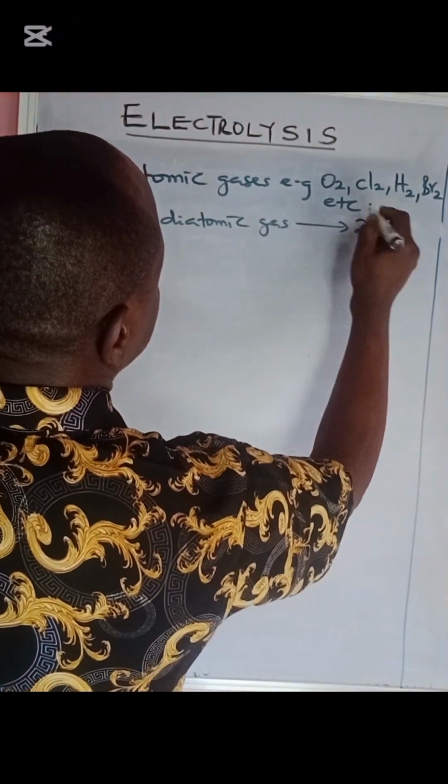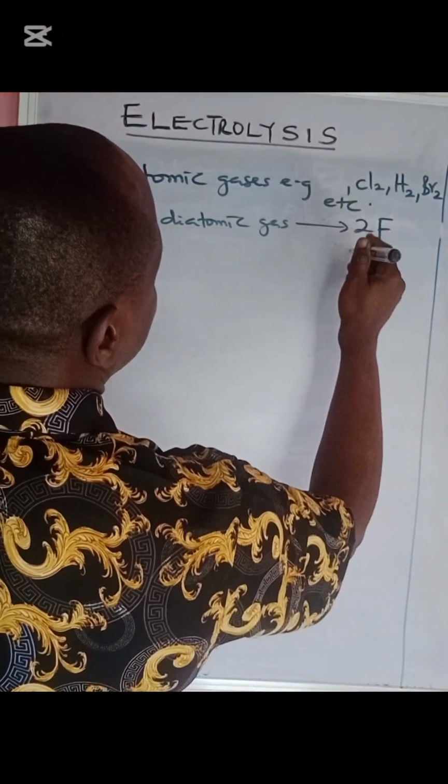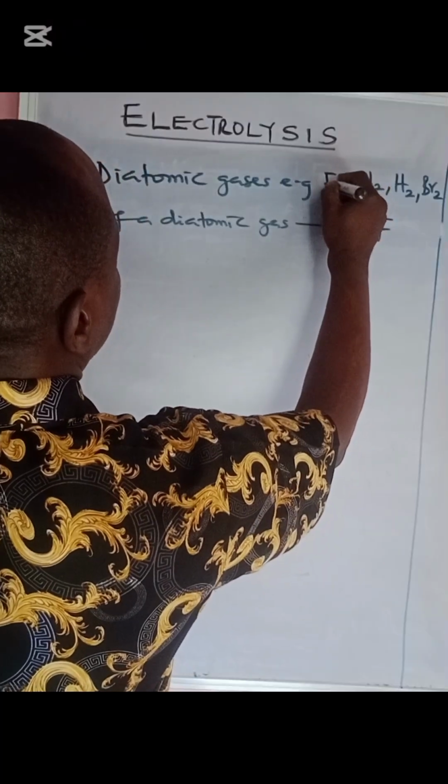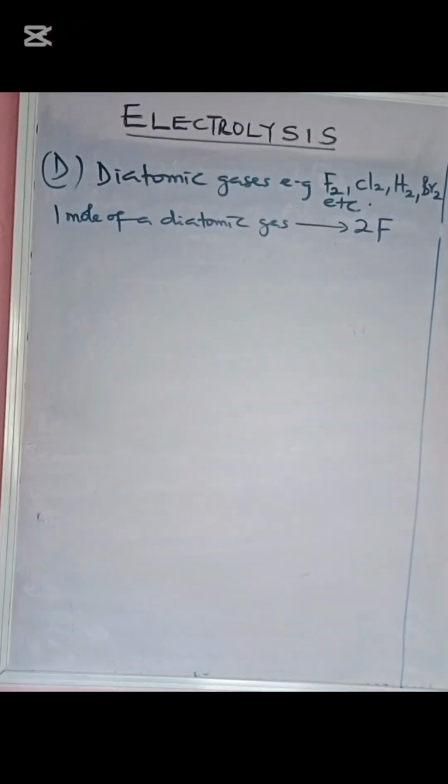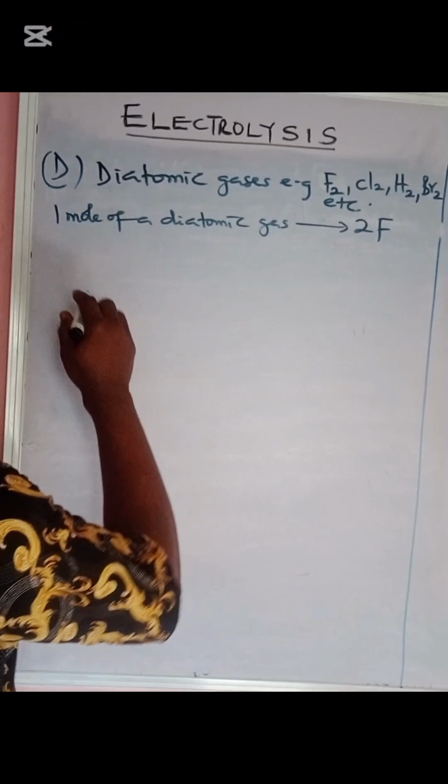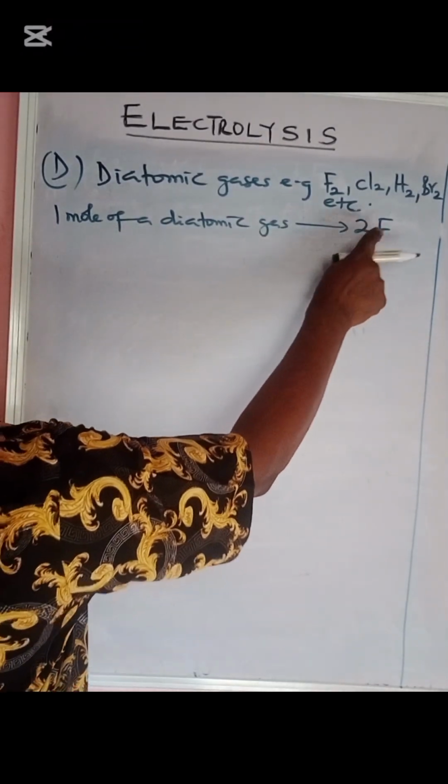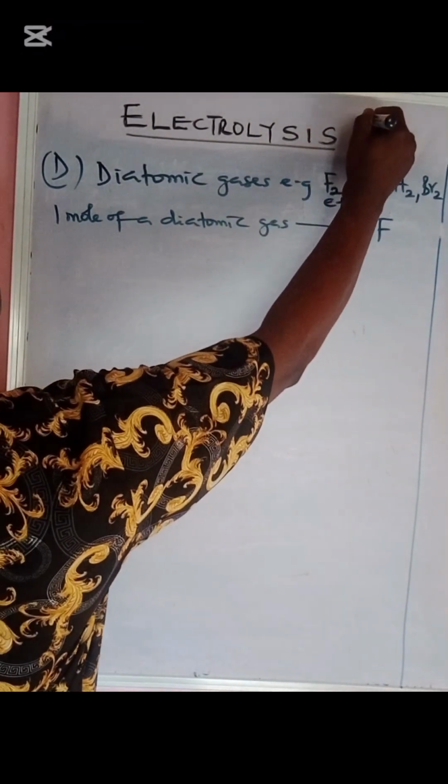Take note of that. Wait, no, oxygen is not there. Sorry, the exception to that is oxygen. Talk of fluorine, hydrogen, and others, chlorine gas: 2 Faraday will be required. Take note of that. So 1 mole of the diatomic gas requires 2 Faraday.